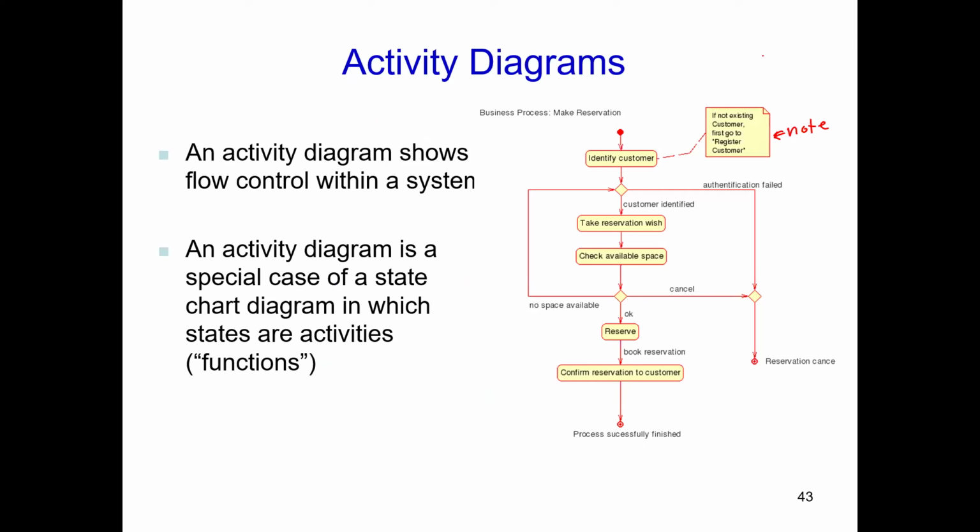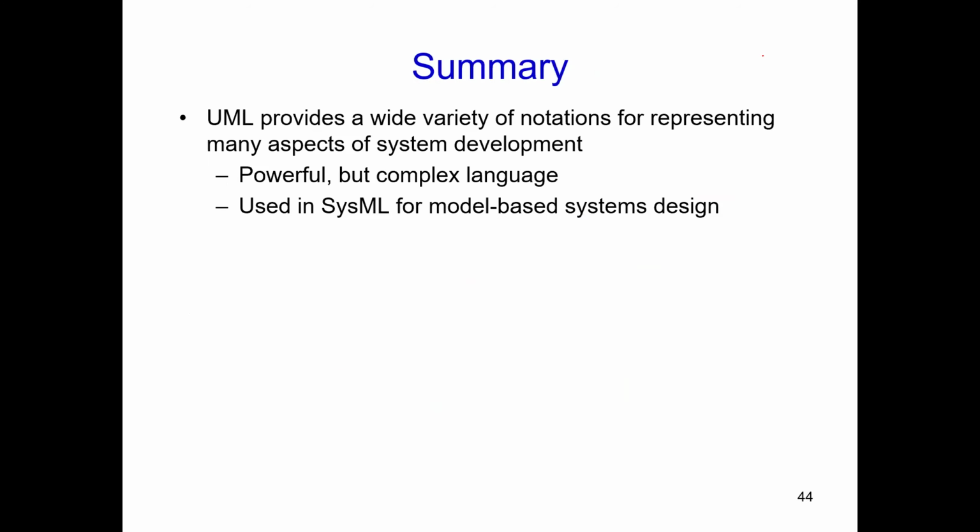You've got the processes or the functions in this case, and then those diamonds are representing decision points, right? So depending on the decision that you make, you move to one area of the flow chart or the other area of the flow chart. So that's the last one.